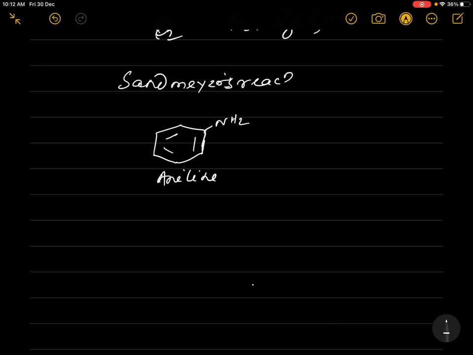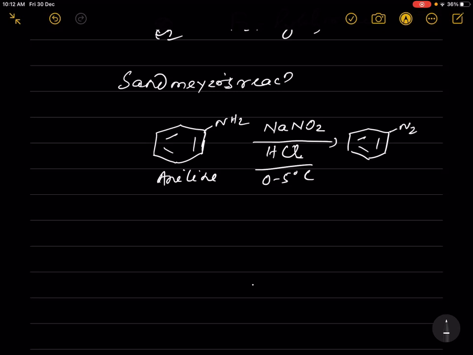When treated with sodium nitrite, NaNO2, and cold dilute HCl at 0 to 5 degrees centigrade, you get benzene diazonium chloride.